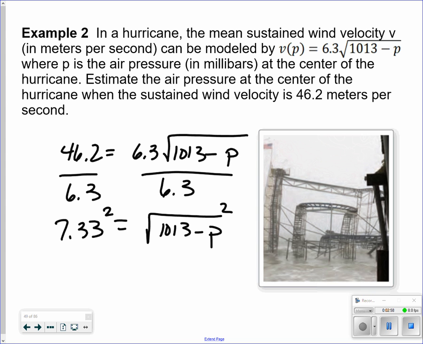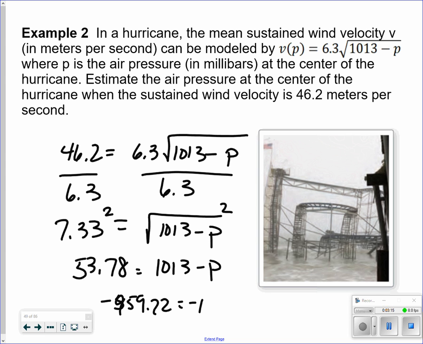So square that, I get 53.78, give or take, equals 1013 minus P. Now subtract 1013, negative 959.22, and then divide by negative 1. So P is equal to 959.2, and then we're talking about millibars of pressure.